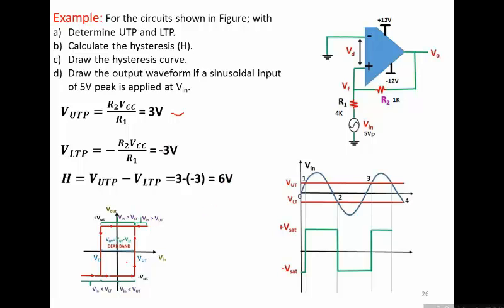Then you can draw this hysteresis curve as we have seen for the inverting circuit. The only difference is that the output toggles from the negative level to the positive level when the upper trigger point is arrived, and from positive to negative at LTP, and you can draw the output corresponding to the input in a similar way.